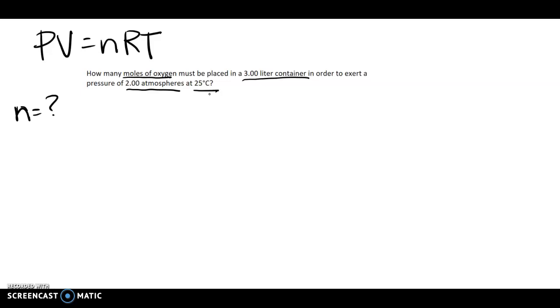The first thing I'd recommend is just labeling the variables. We already said that we're looking for N, which is moles. It's placed in a 3-liter container. It's in the right unit, so we're good there. That is volume. So we have 3.00 liters. And again, if that were milliliters, you would just convert it first. In order to exert a pressure of, notice the units is in atmospheres, so we're good.